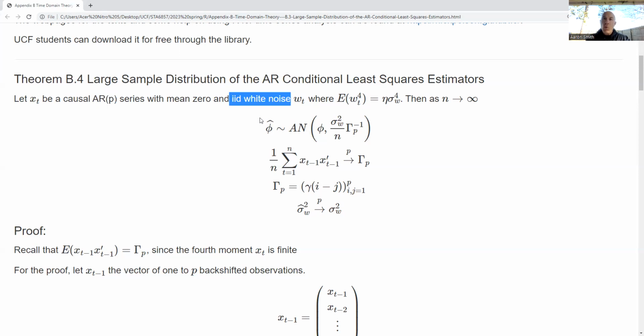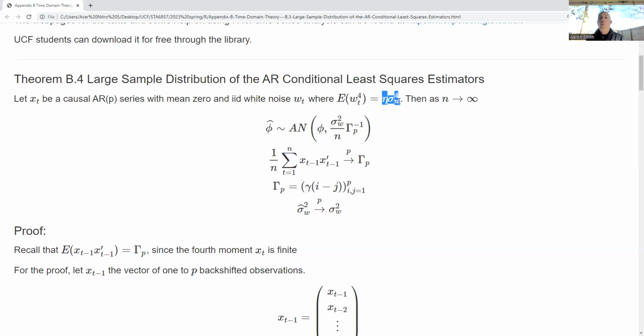The result is a little bit more general, but as you work through, think about it that way. Now, we're going to make the assumption that the fourth moment of our white noise has a finite expected value. That's really what we want here. It's not a really steep requirement.